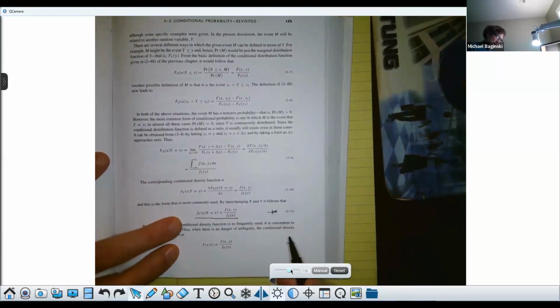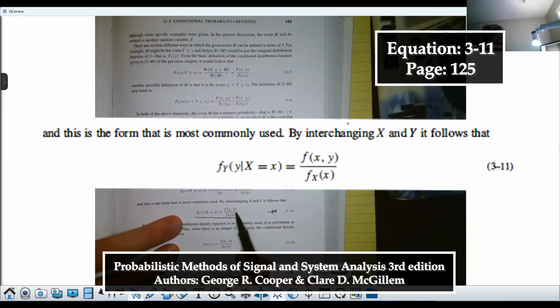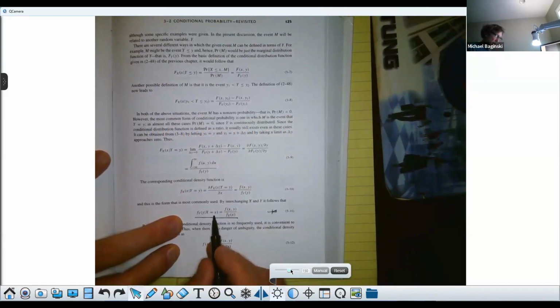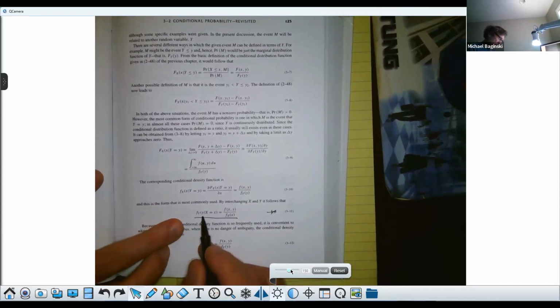If you have a joint density function, and you say that there's the probability of one or the other having a certain value, and you want, therefore, the probability density function and then the probability of the other variable, first the density function, you take the joint density function divided by f of x, and the way you always get this, the single density, is just integrate out for y here.